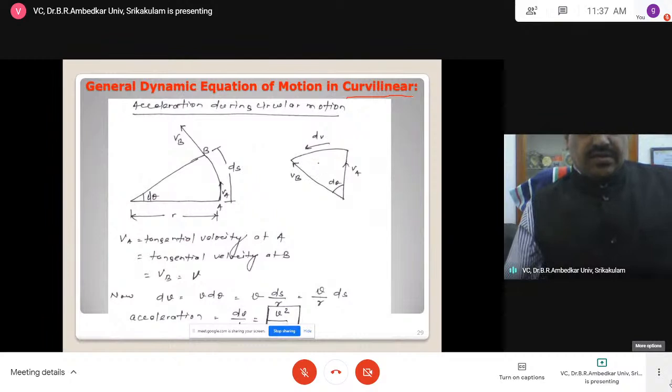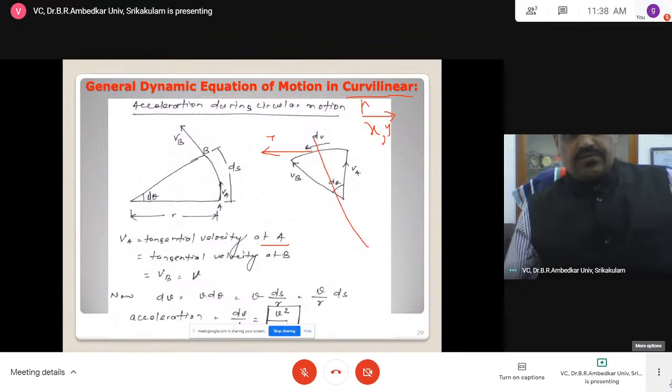Let us consider the tangential velocity. In a curvilinear motion, we can represent in x and y, or tangential and normal.